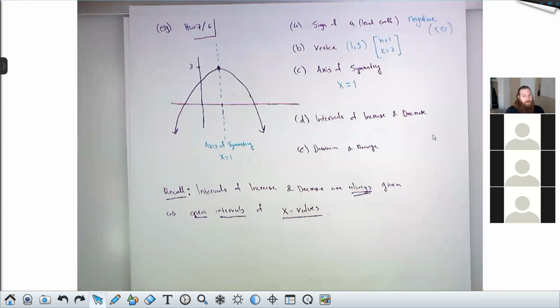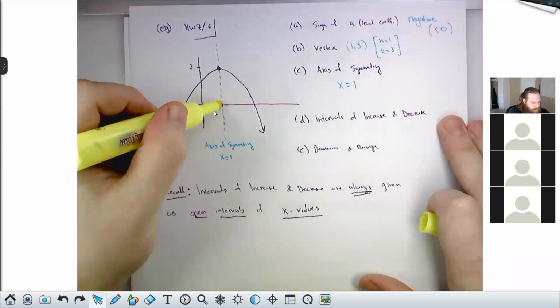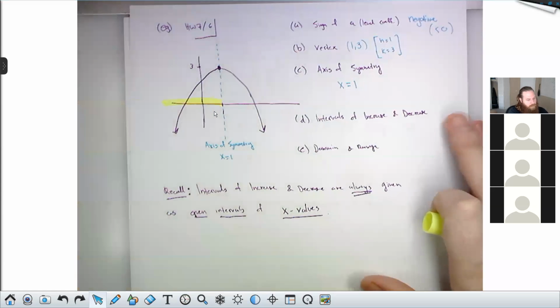It would not be correct to say that this function is increasing from negative infinity to 3 and decreasing from 3 to negative infinity. That would be very wrong. What is correct here is to say that this function is increasing from negative infinity up to 1.